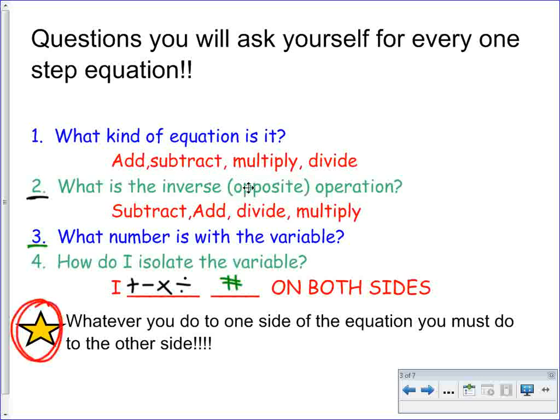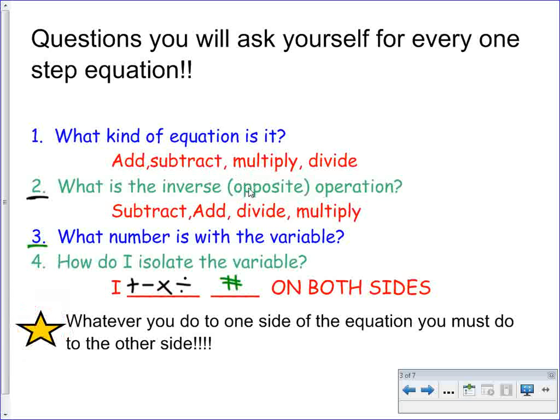It's whatever you do to one side of the equation, you must also do to the other side. So please write that down. And when I ask you for a password to come into the classroom, or when I ask to walk around and see if you wrote it down, I want to see this written down. Whatever you do to one side of the equation, you must do to the other side. And we're also going to get into that when we actually do some examples.